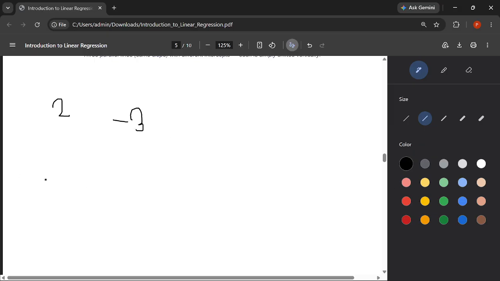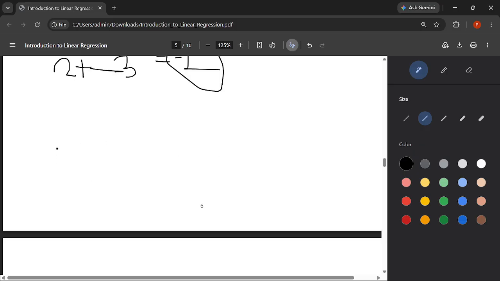Then what will be the sum of errors? 2 plus minus 3, so it will become minus 1. So all the errors are cancelling out. If the model predicts less than the actual value, then minus values come here and cancel out the positive errors.